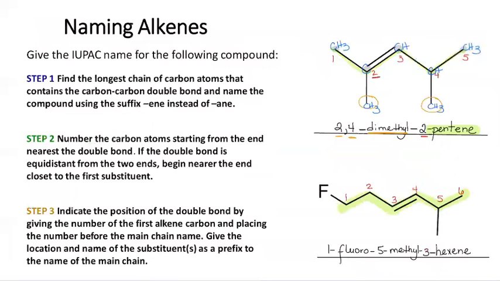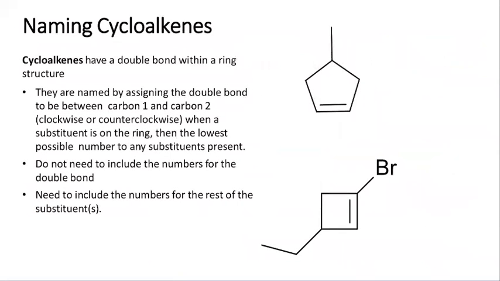One more thing about alkenes, you guys. Alkenes can be cyclic. Okay. Now, as you can see, when we have alkenes that are cyclic, your carbon-carbon double bond in the ring system is always going to be between carbons 1 and 2. Always, you guys. Okay.